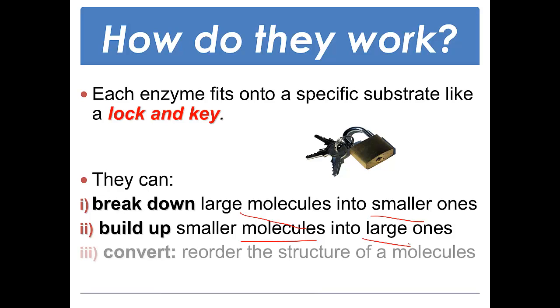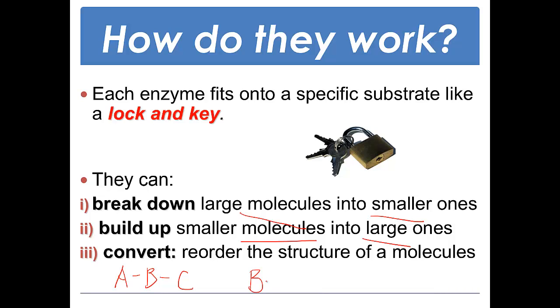So let's have a look here. The last one is actually called converting. It is actually reordering the structure, so that's why the size will not change. Let's say you have a molecule made of smaller molecules called A, B, C linked by bondings. Now you have an enzyme specific for this, and it reorders the structure, and this molecule becomes a new substance.